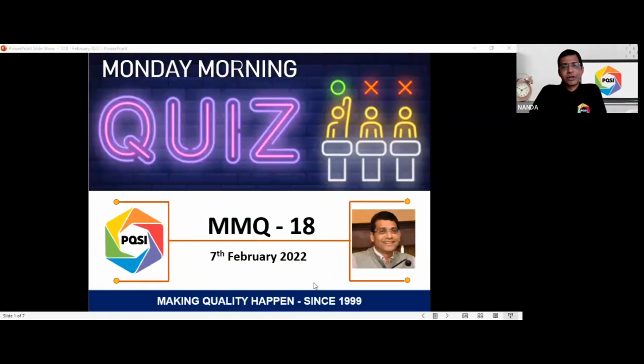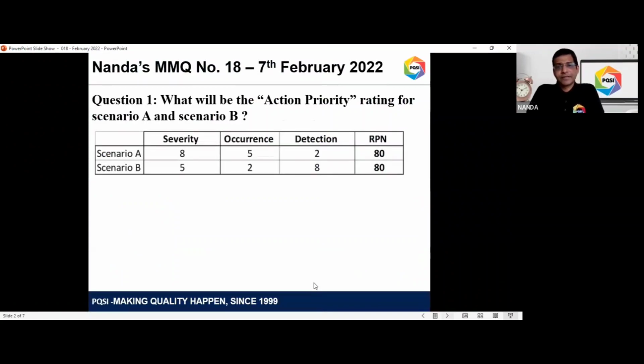So this is Monday Morning Quiz from PQSI, dated the 7th February 2022. And the first question for this quiz today on FMEA. Question number 1, what will be the action priority rating for scenario A and B?